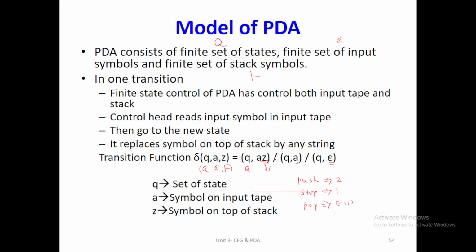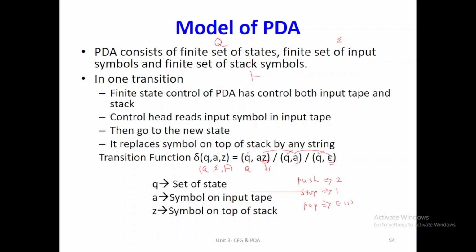So I am writing these three operations. The output may be the first one, second one or third one. The first parameter of an output is always the state. So either it stays in the current state or it goes to a new state. Only the second parameter varies. Just check it.